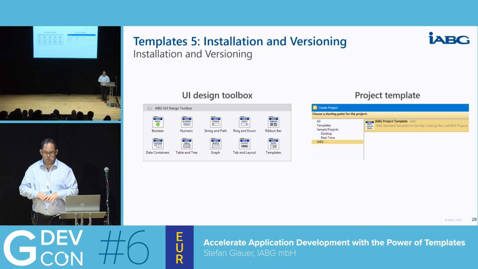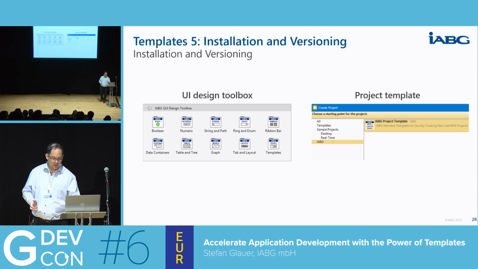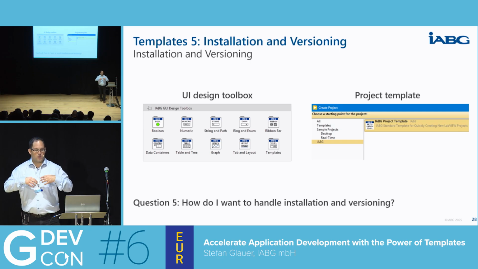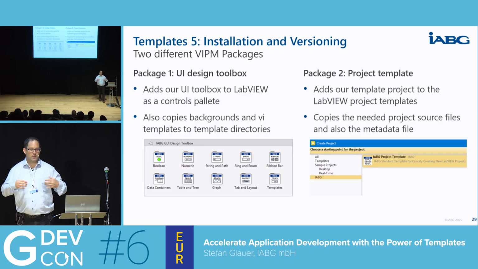So now we have both the UI design toolbox we use and the project template we use. And the last question we asked ourselves was, how do I want to handle installation and versioning? And for us, what we did, we built two VIPM packages, one for the UI design toolbox and one for the project template.